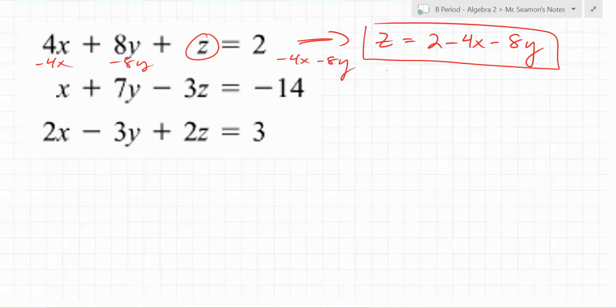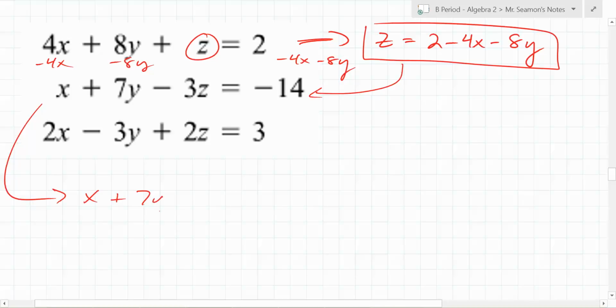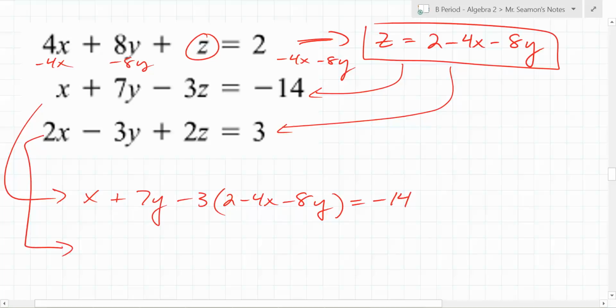Look what happens. If we substitute this in here, we get x plus 7y minus 3 times (2 minus 4x minus 8y) equals negative 14, the top one. And now let's substitute it also into this one. What do I get? 2x minus 3y plus 2 times (2 minus 4x minus 8y).